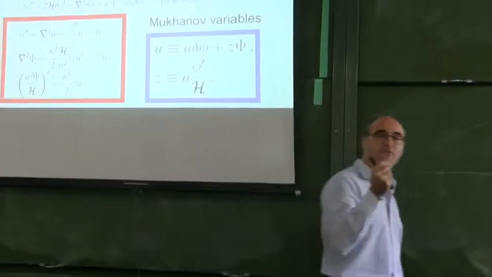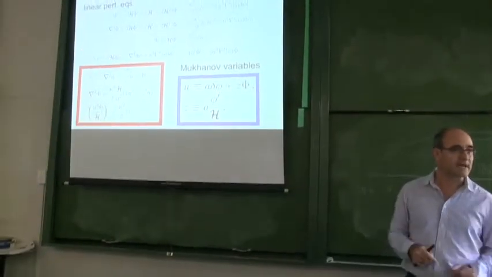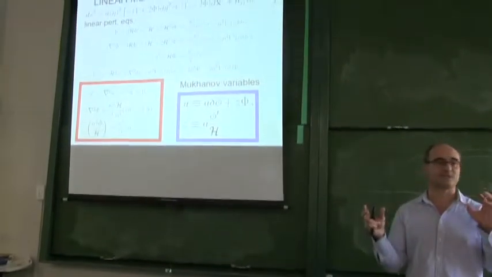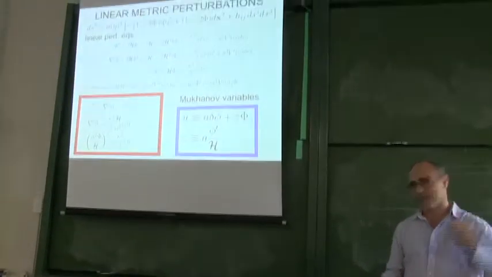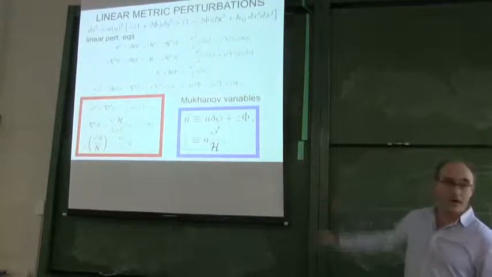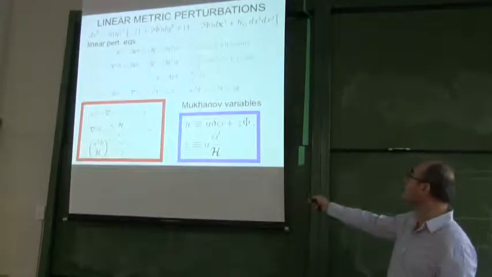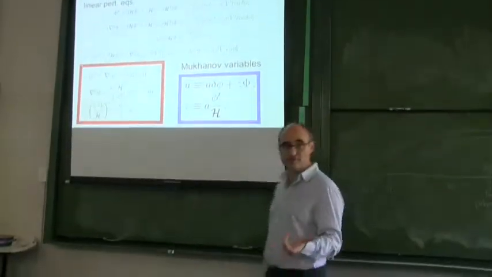It's a choice of coordinates in such a way that the 4 different scalar components can be written as just 2 components. The one that goes with the 00 component of the metric, and one that goes with the ij component of the metric. So one would be the Newtonian potential, and the other would be the usual curvature perturbation.